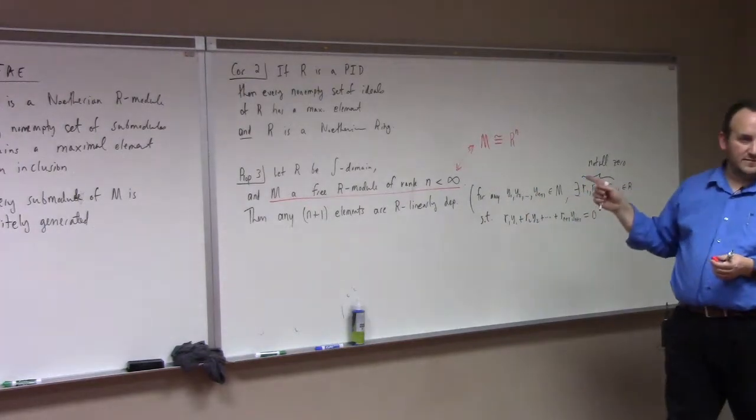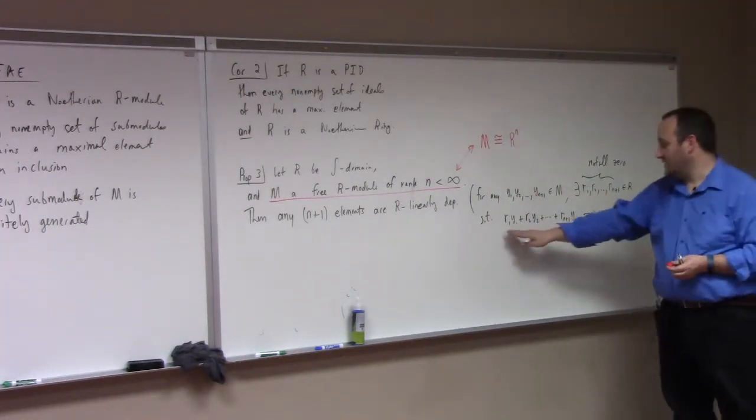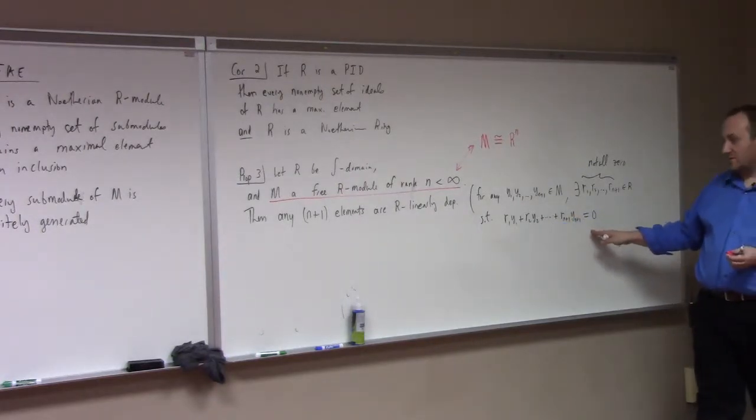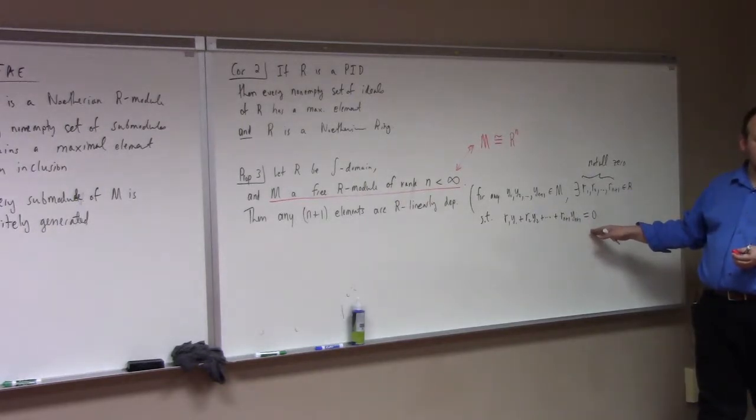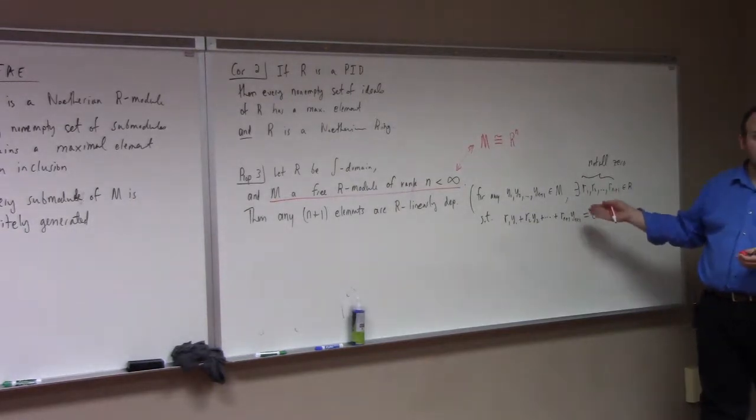If you could find a non-trivial linear dependence in the field of fractions, every linear dependence in the field of fractions corresponds to, I mean, you can go back to a linear dependence in the underlying ring.